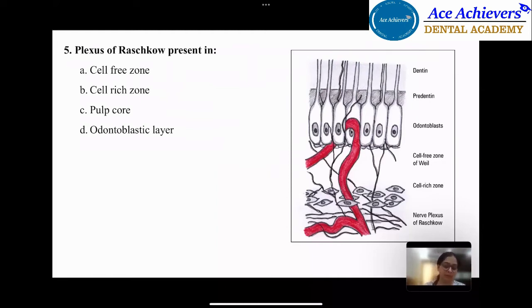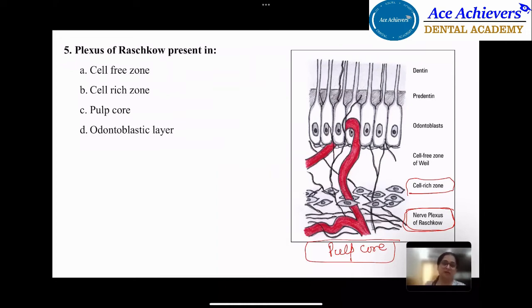So remember, as you can see in this picture, below the cell-rich zone we have the pulp core. Between the cell-rich zone and the pulp core, we have something known as the nerve plexus of Rashkow, which is mainly a plexus of myelinated nerves.